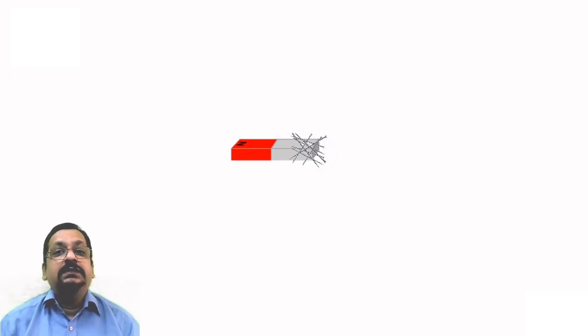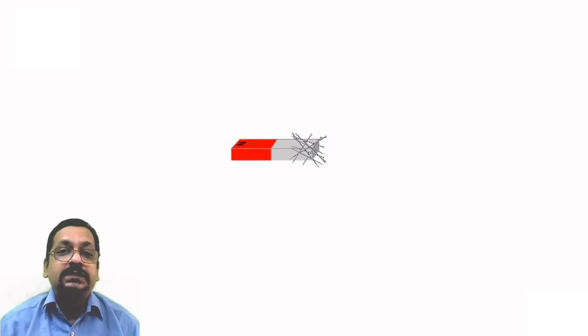Meaning that there is a certain area, a certain region in which the influence of the magnet is felt. Outside that region, outside that area, the influence of the magnet is not felt. So this particular area in which the influence of the magnet is felt is called the magnetic field.